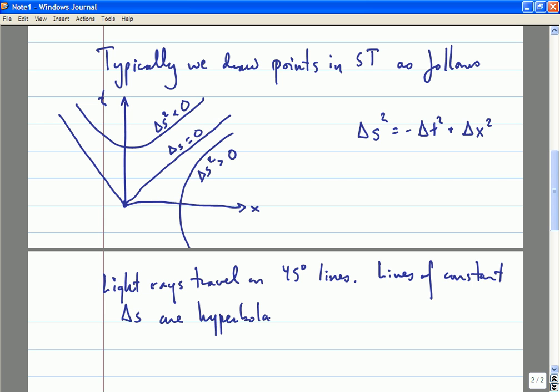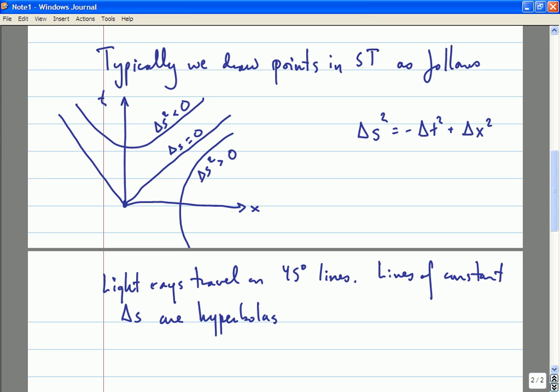Well, they're hyperbolas if I ignore the other two spatial dimensions, and they're hyperboloids, three-dimensional hyperboloids sitting in a four-dimensional space, if I include those other two spatial directions, x2 and x3.